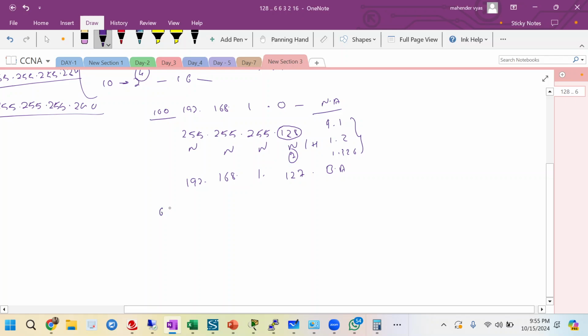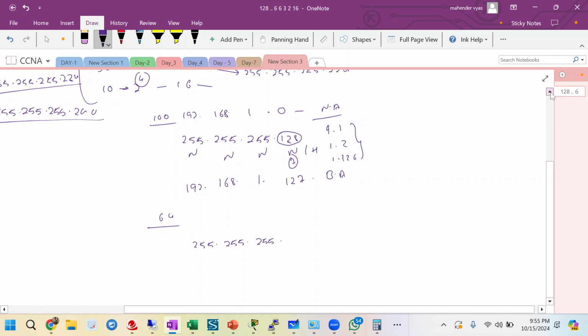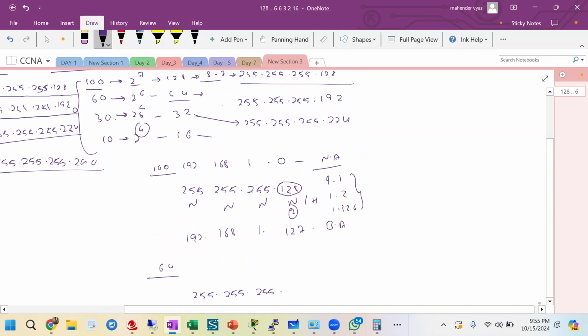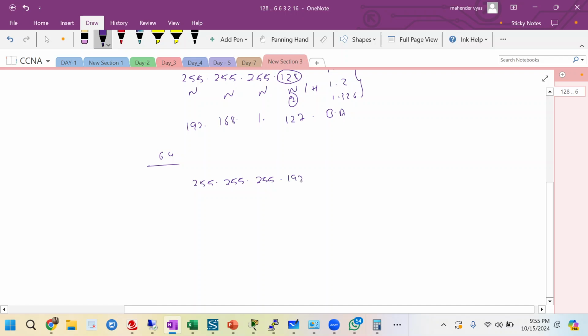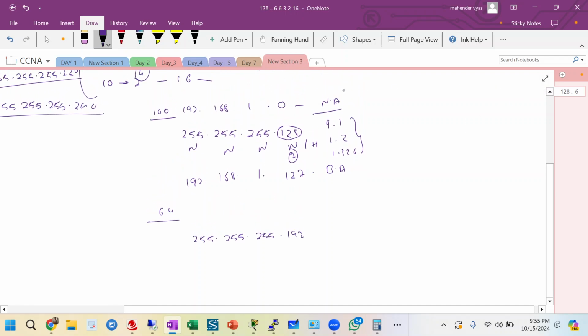Now for 64 users, let me write down the subnet mask. What was the subnet mask for 64 users? 192, right? What was my last address I used for 100 users? 192.168.1.127 I used, so I will use the next available address, which is 128 now. So if I add 64 to 128, this would be my next address.